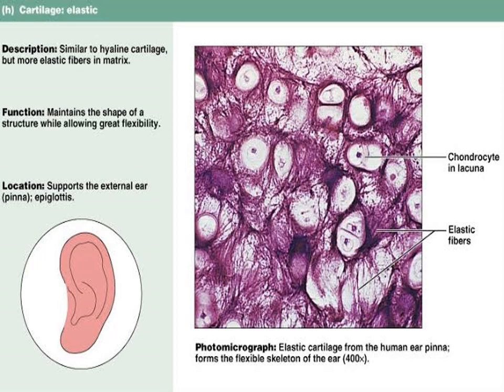The function: maintain the shape of the structure while allowing great flexibility. The location: they support the external ear, pinna and epiglottis. And look at the picture. So the chondrocytes in lacunae, then the elastic fibers. This is important.